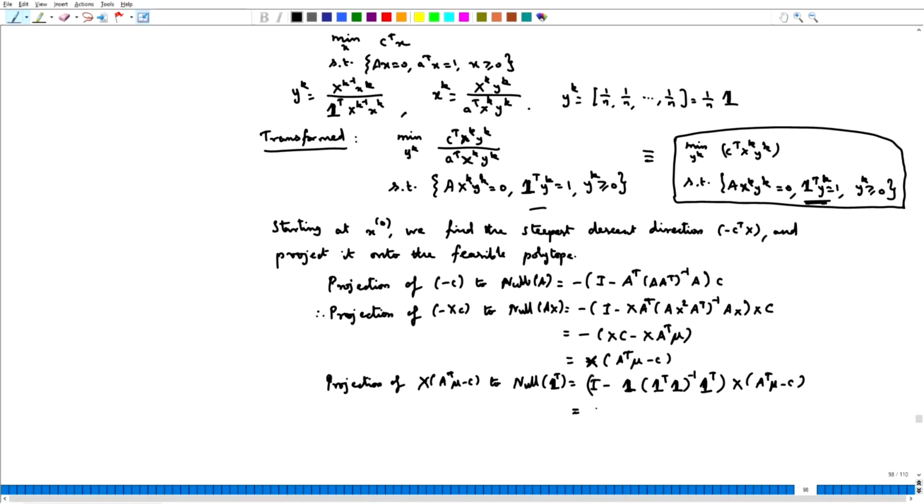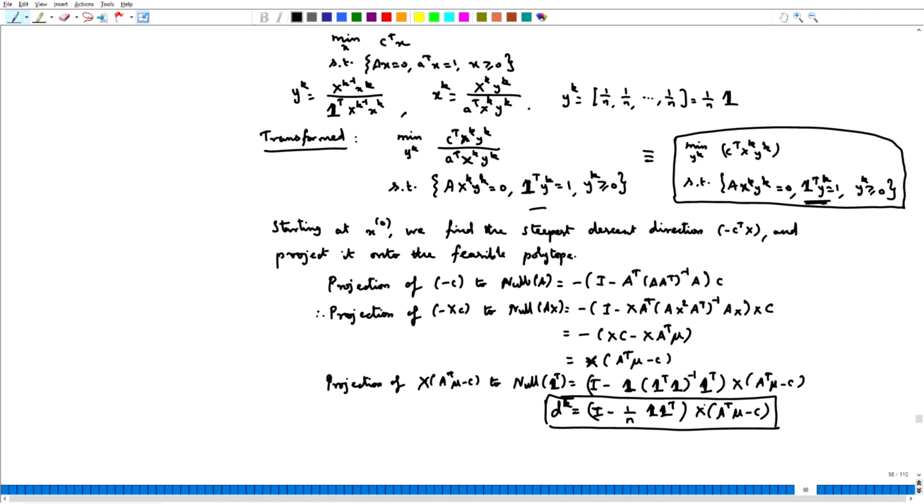So, 1 transpose 1 is actually n. So, use that here. So, you will just get I minus 1 by n into 1 1 transpose, into x into A transpose mu minus c. So, this is the dk that we will be using.